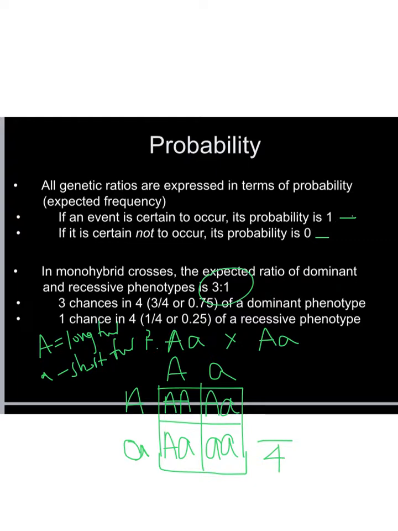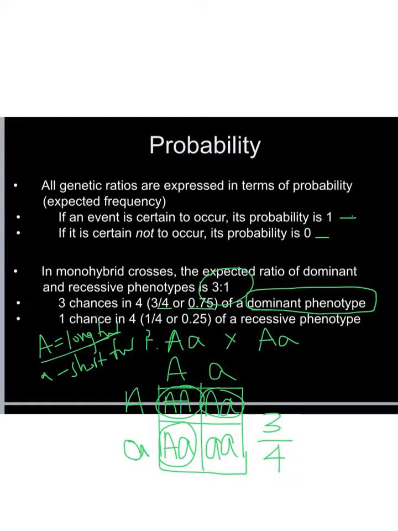In this case, we have a 3 out of 4 chance, or 3/4, or 75% of a dominant phenotype. Our dominant phenotype was long fur, so that means we have to have at least one big A. So 1, 2, 3 of our 4 offspring would have a dominant phenotype.